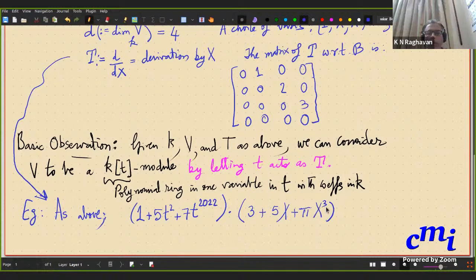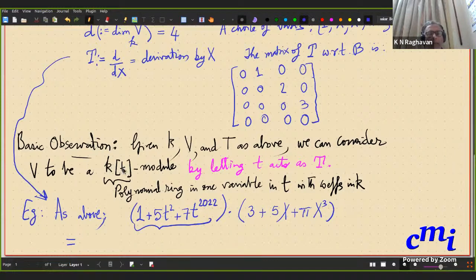Can somebody say what this is? How do we do this? Step by step. So this is an element of the ring.